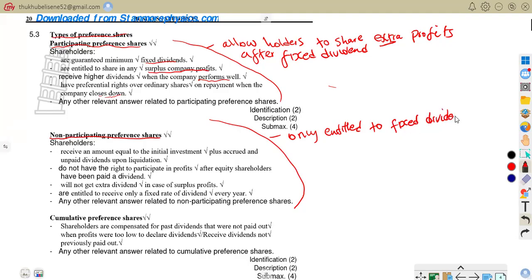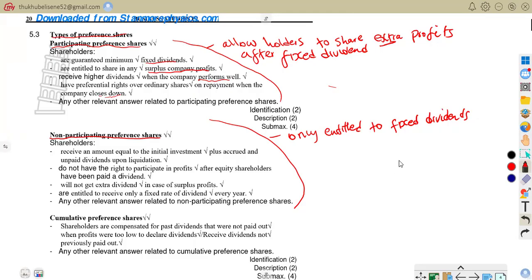To fixed dividends. Unlike in participating preference share, whereby when the company is performing well, there are bonuses that they are going to add to your fixed dividends. But with this one, non-participating preference share, the shareholders are only entitled to fixed dividends.